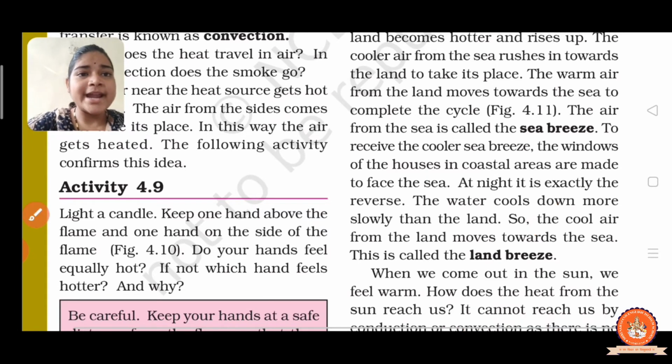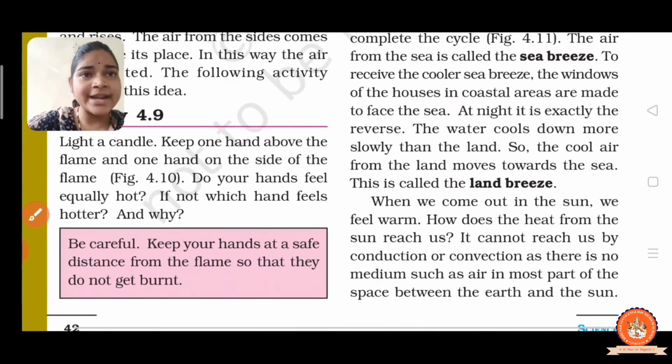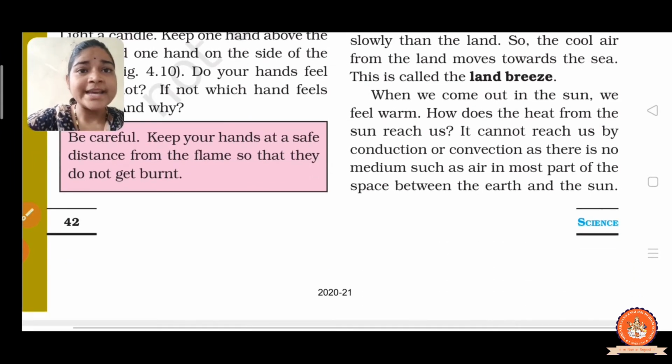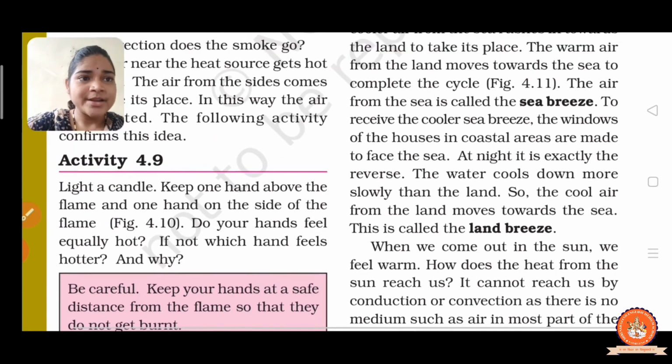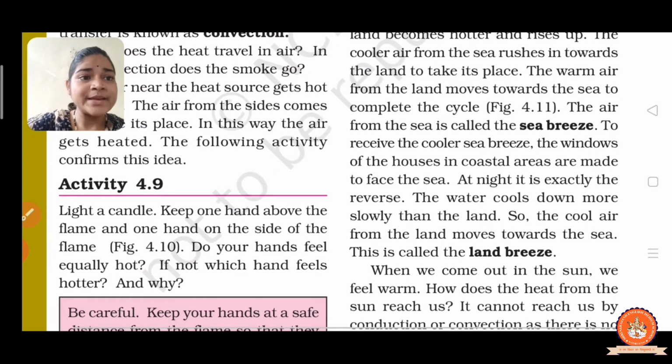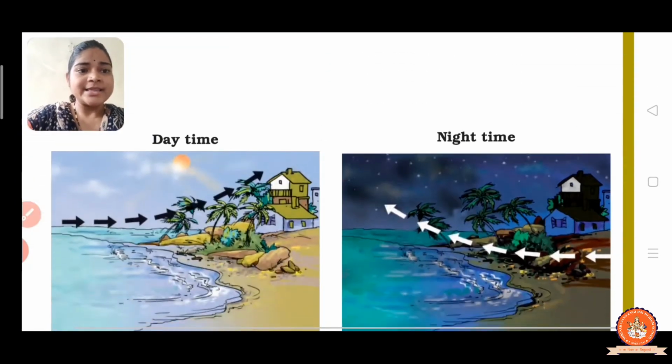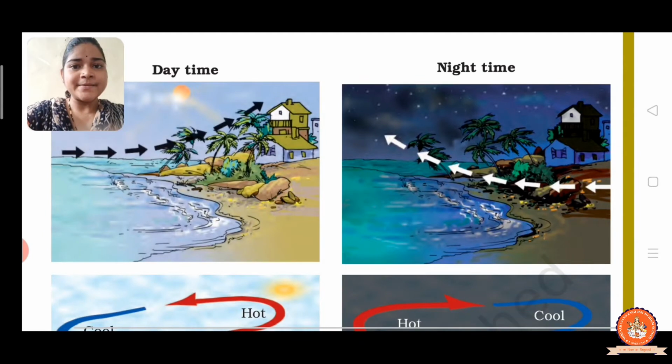During the night time, the land in the coastal areas cools down faster than the sea. And the air above the sea is hotter than the air above land.